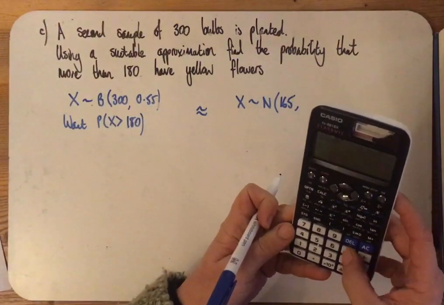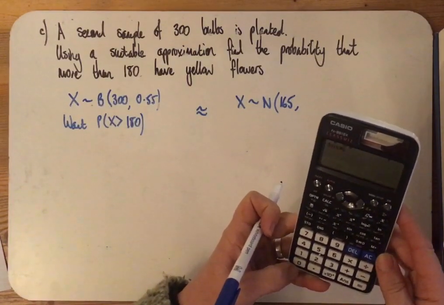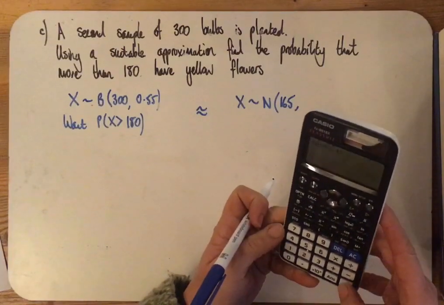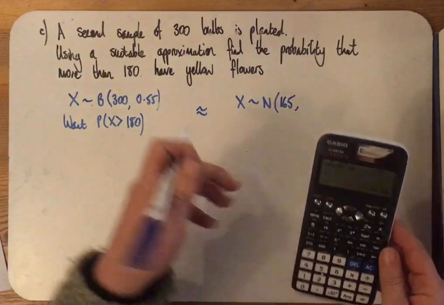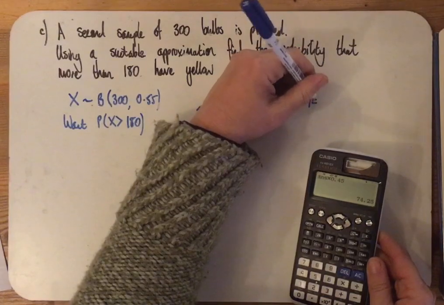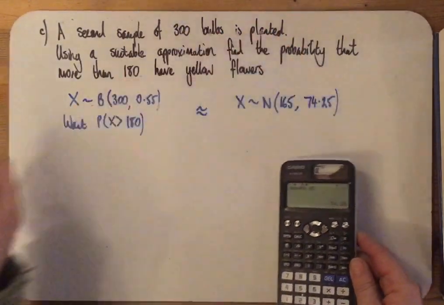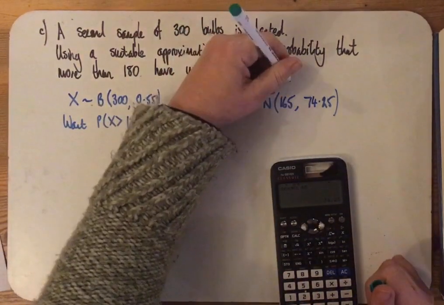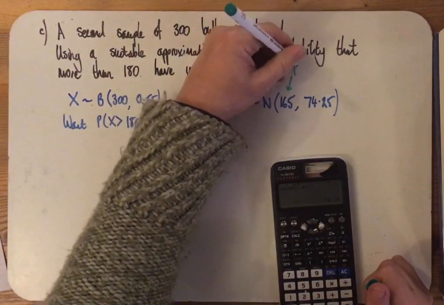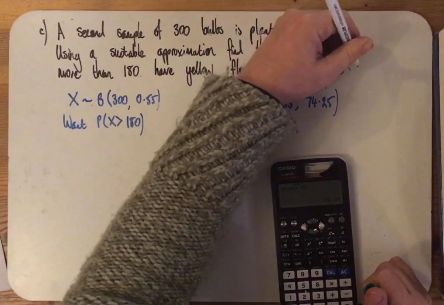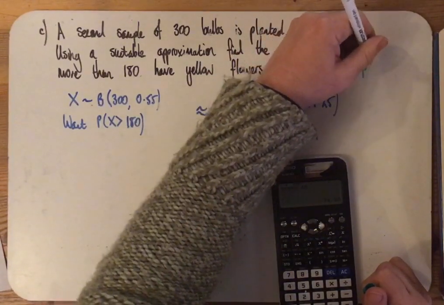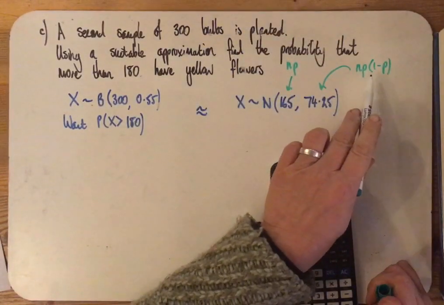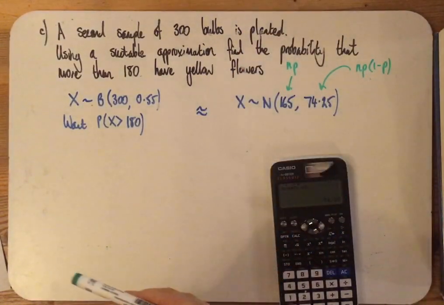So I need to times that by 1 minus 0.55. So that's 0.45, which gives me 74.25. So just to make that doubly clear, that bit there is np, and that bit there is np times 1 minus p, and that gives you the variance in a binomial distribution.